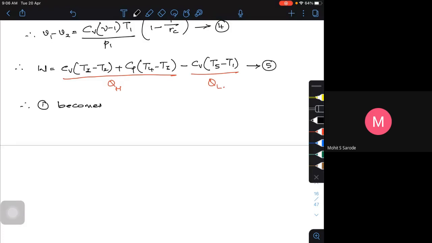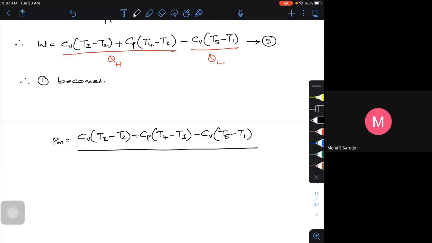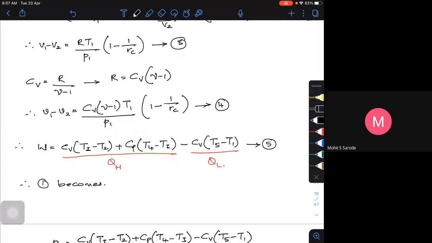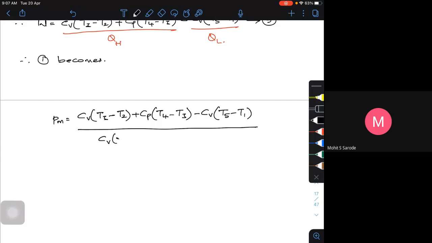Therefore, Pm, the mean effective pressure, is equal to the work done, that is Cv into T3 minus T2 plus Cp into T4 minus T3 minus Cv into T5 minus T1, the whole thing divided by the stroke volume, that is Cv into gamma minus 1 into T1 divided by P1 into 1 minus 1 by rc.